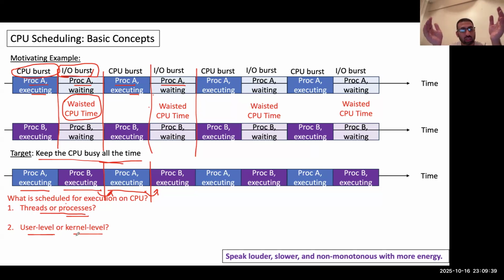So basically the question is, to whom do we allocate a CPU core? Do we allocate a CPU core to a process or a thread? And if you choose thread or process, is it user level or kernel level? So this takes us to our next poll.